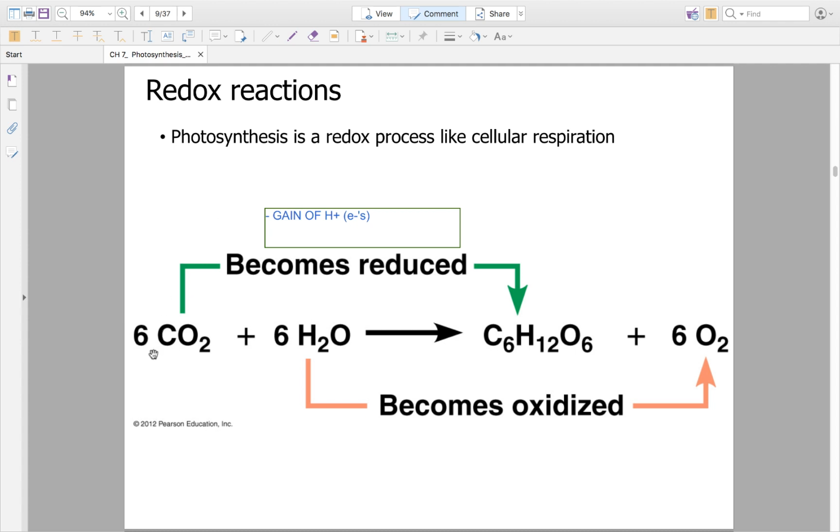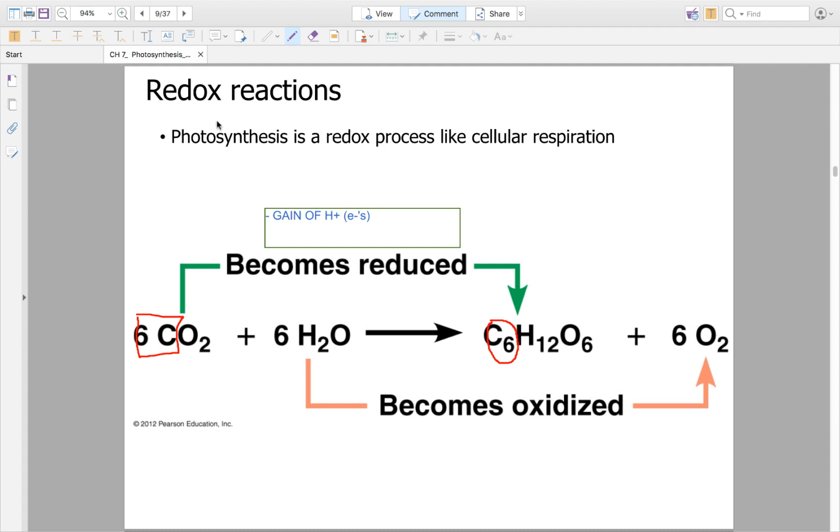And we see that. We see 6 CO2. These 6 carbons in the carbon dioxide right here are the same 6 that are over here in glucose in the C6H12O6 complex. The exact same.